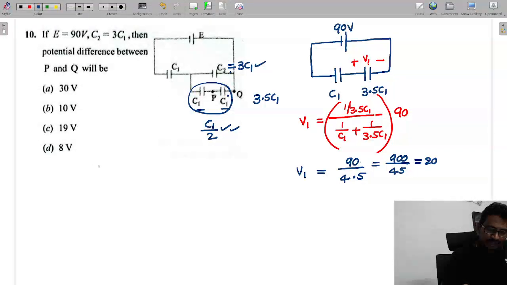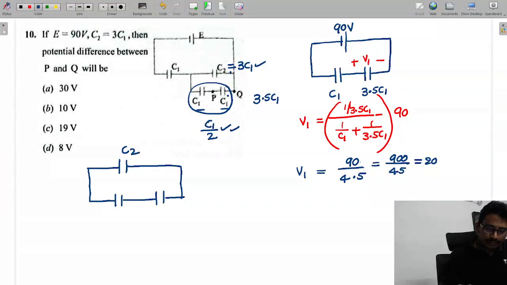That V1 is 20. V1 is the equivalent of this combination. So the equivalent of these combinations, this is C2, this is C1, this is C1. This voltage is 20 volts. These two are parallel, so the whole combination is 20 volts.